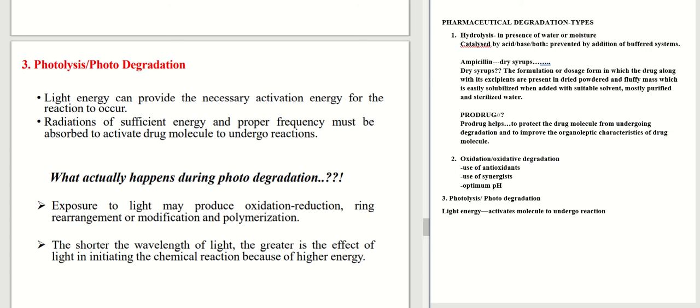Now how does this light energy act? Light energy activates the molecule to undergo a reaction. Whereas most of the molecules absorb temperature, get into the activation state and undergo reaction. There are a few molecules that just absorb light energy and attain activation energy to undergo a reaction.